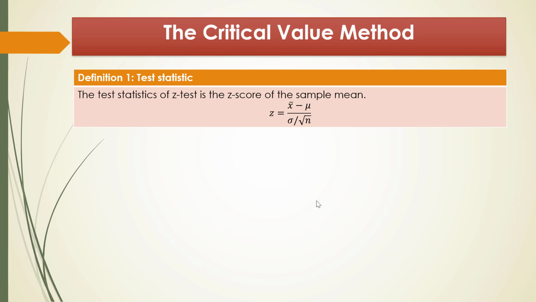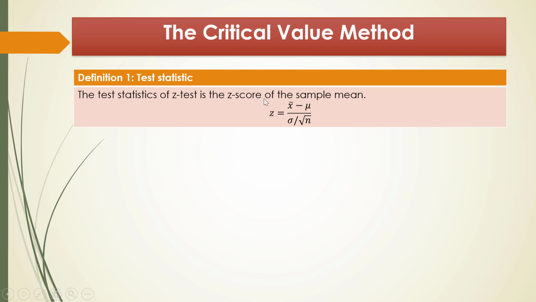So basically, we use a sample to make inferences about the population. And here we are making inferences about the population mean. So we need to use the sample mean, because the sample mean is the estimate of the population mean. And the test statistic for the z-test is the z-score of the sample mean.